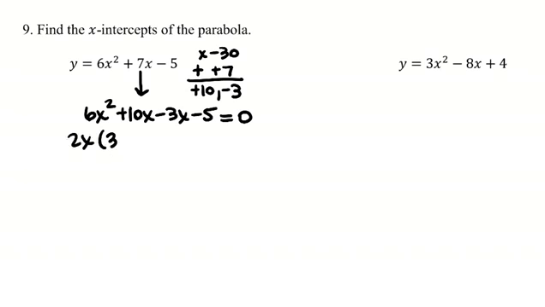I'm left with a 3x plus 5. Negative 3x and negative 5 don't have anything in common besides the fact that they're negative, so I'm going to factor out a negative 1. Then I'm factoring out the 3x plus 5.